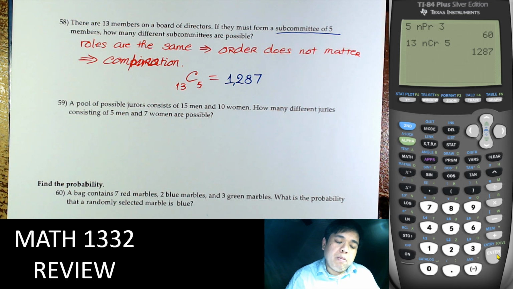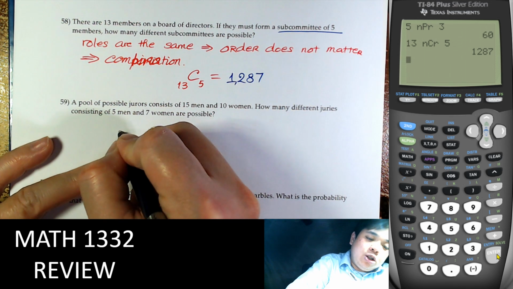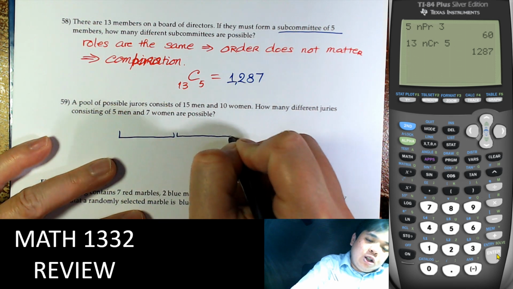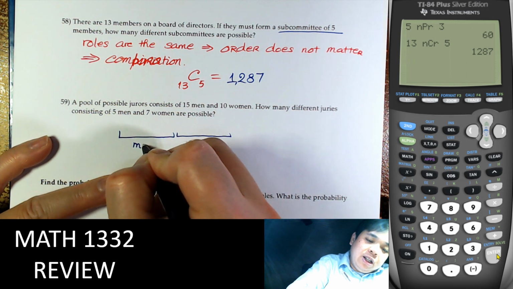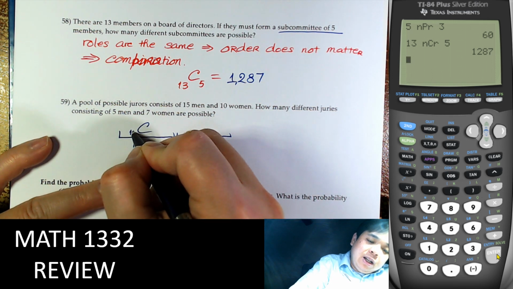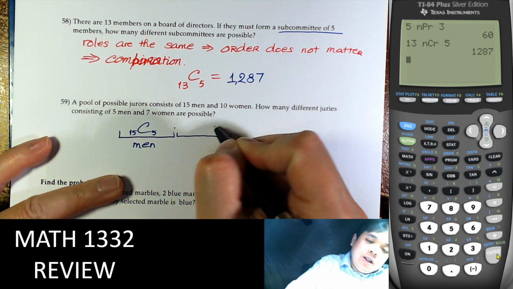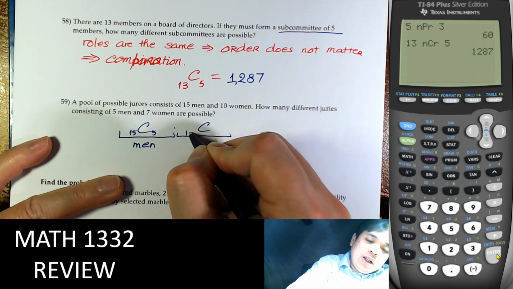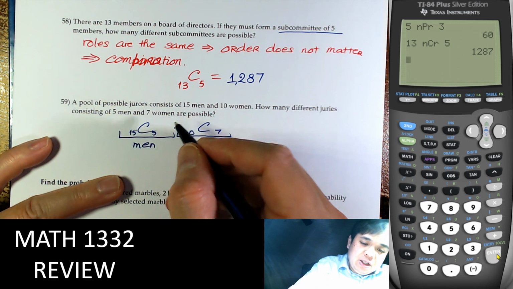A pool of possible jurors consists of 15 men and 10 women. How many different juries consist of 5 men and 7 women? Right, so there's 2 slots. The first slot is we choose the men in the jury, and there are 15 men, and we have to choose 5 of those. And there are 10 women, and we have to choose 7 of those.